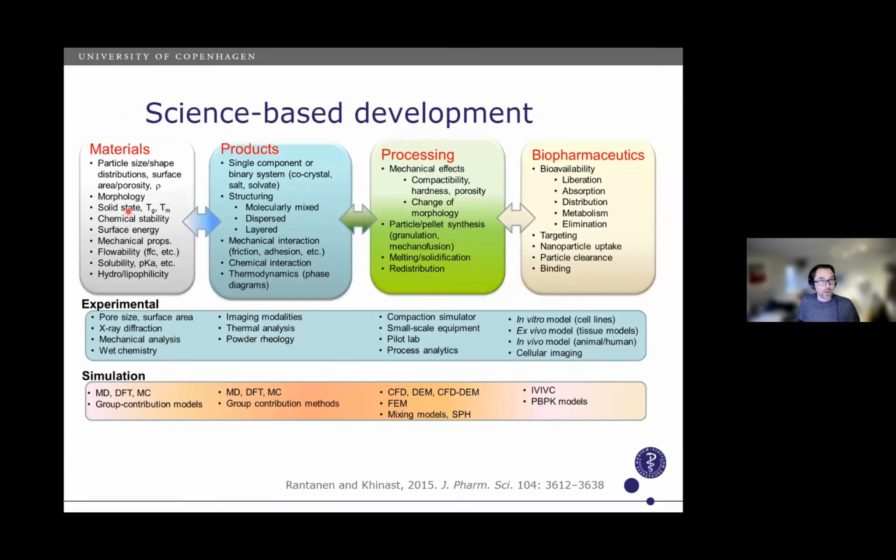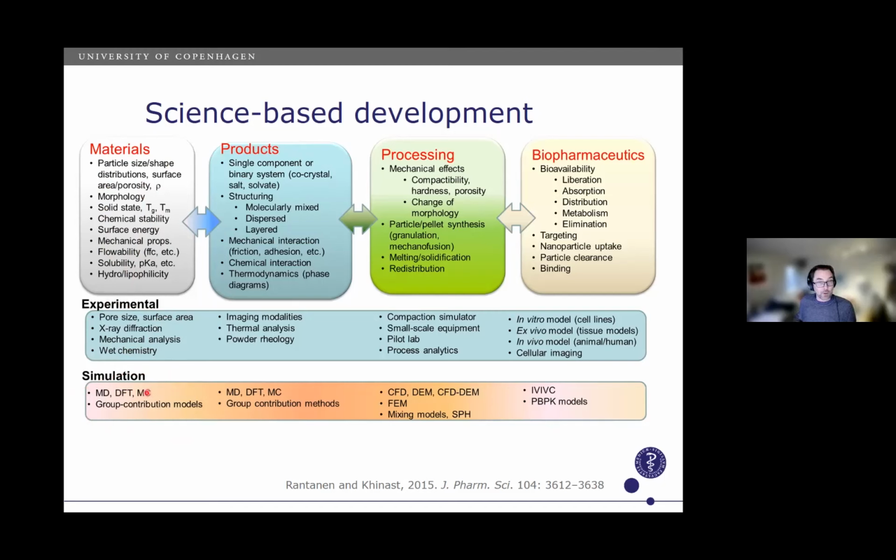So not only a processing environment, but also looking into how products behave, how particles are structured, and how we can explain how the particle size of a given system is affecting the process. So we can do very detailed experimental understanding of material properties, and at the same time use different computer methods for understanding the system behavior.